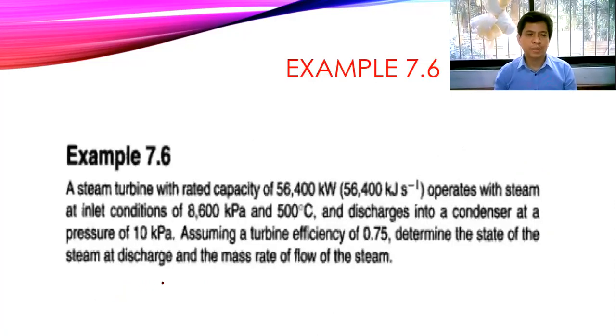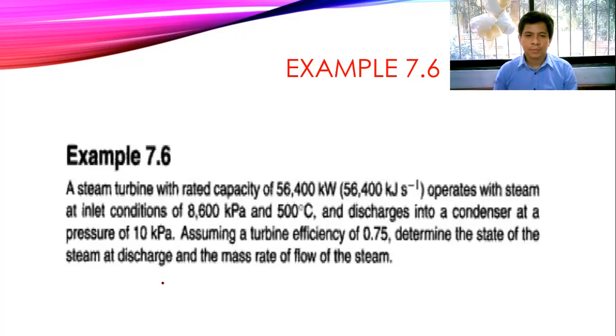So we have here the problem, example 7.6. A steam turbine with a rated capacity of 56,400 kilowatts operates with steam at inlet condition of 8,600 kilopascal and 500 degrees Celsius. For the next problems, it is really important that you master how to use the steam table.